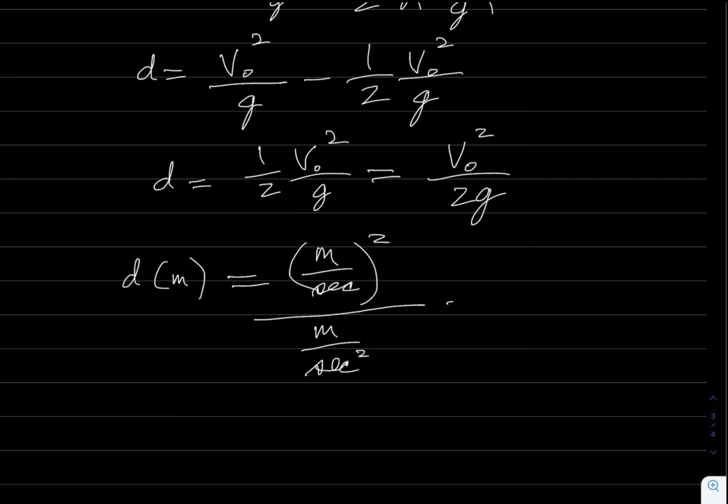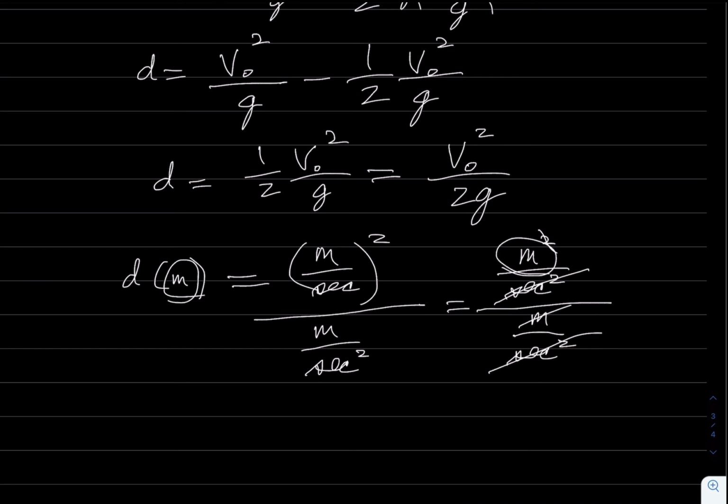Okay? And so that's meters squared over seconds squared over meters over seconds squared. We have seconds squared in the denominator of each the numerator and denominator. Those go away. And then we have meters under meters squared. And sure enough, the distance that we computed is in the units of meters.